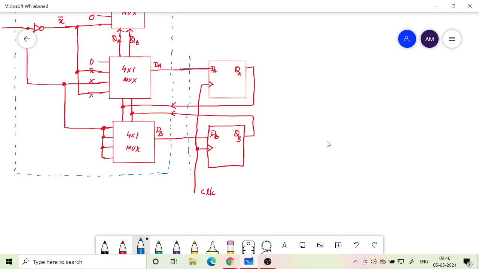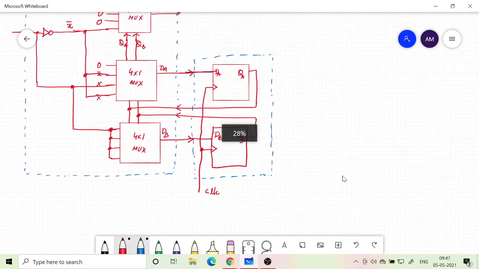So this is my storage element. So this is my Mealy machine. If you look, there are two parts. One is the storage element part, the other is the combinational circuit part.